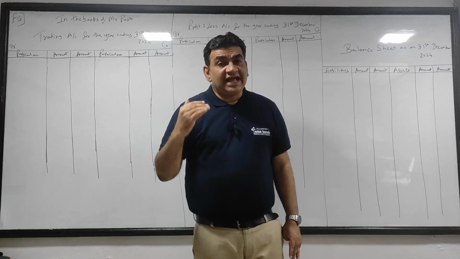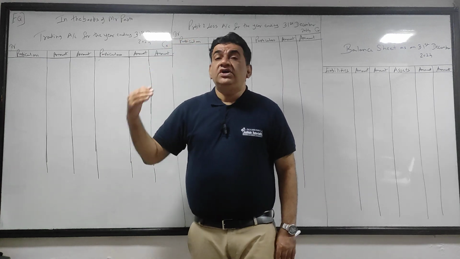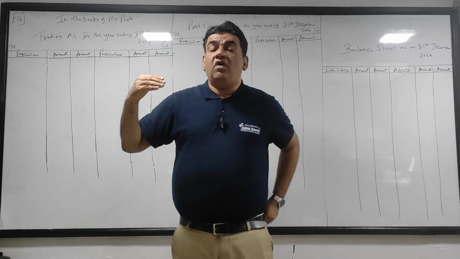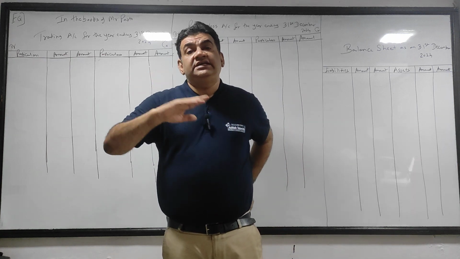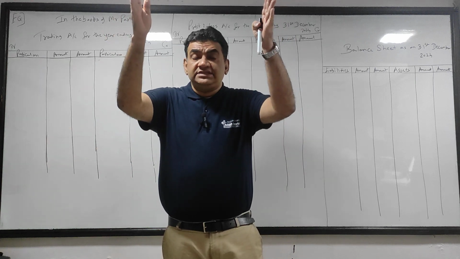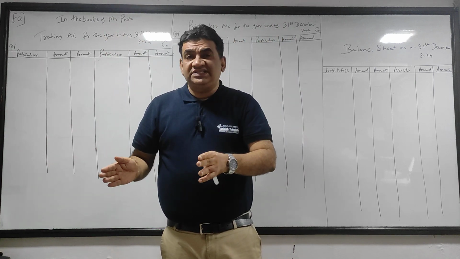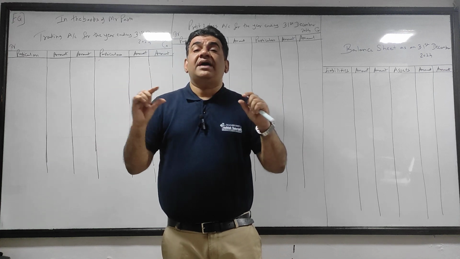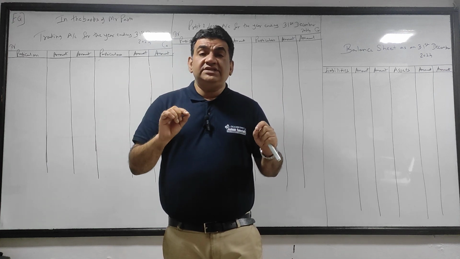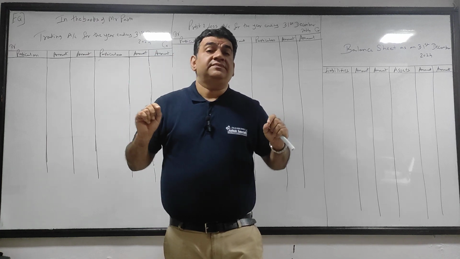So trial balance is nothing but it is a list showing the details of all account balances which are debit and credit. All debit balances are put at one side, all credit balances are put at one side, and the trial balance has to tally. Tally means the total of debit and credit has to be the same.